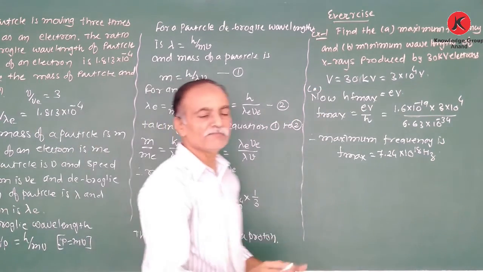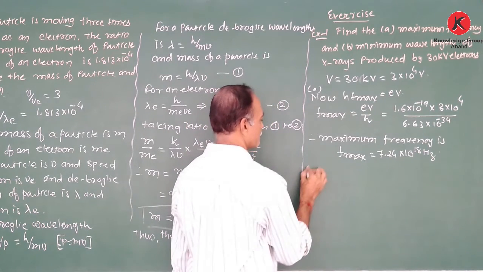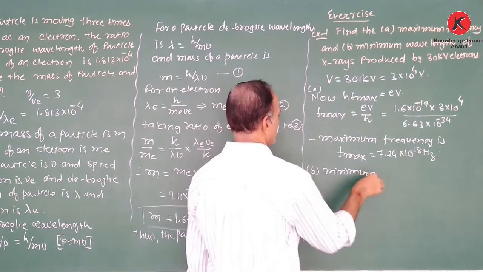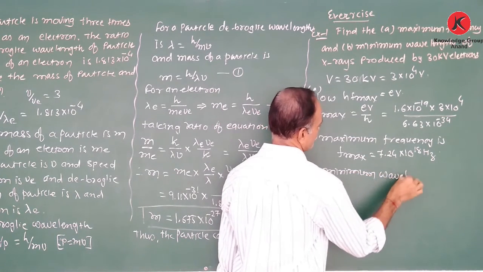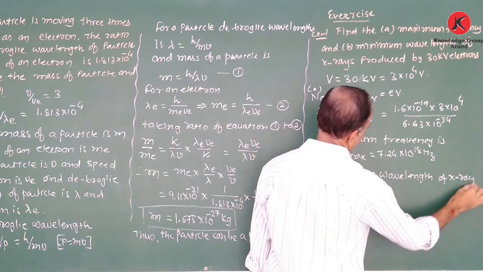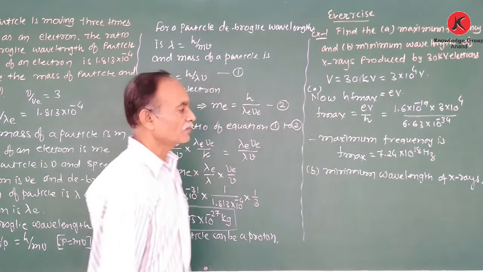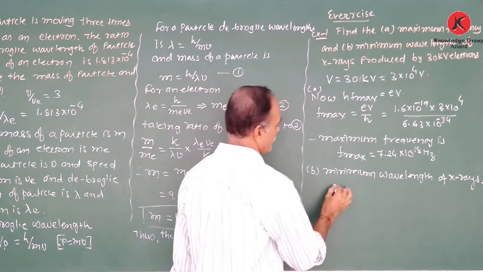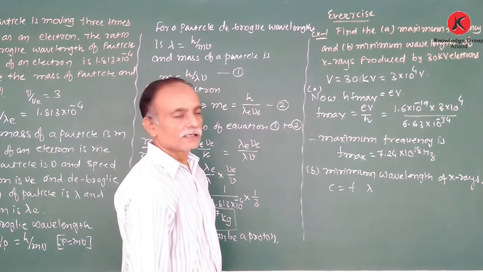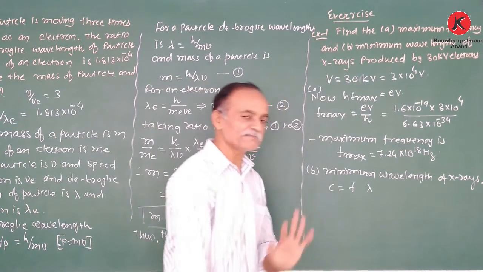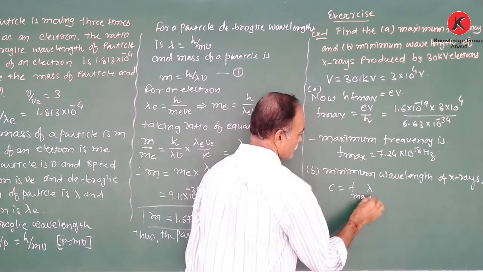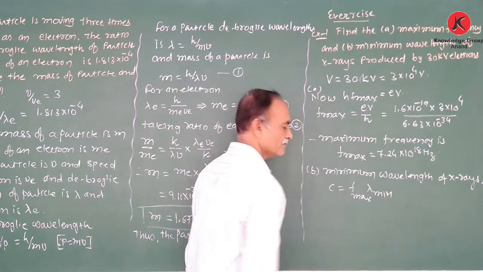Now we have to find the minimum wavelength of X-rays. We know the relation c is equal to f lambda. That means if f is maximum, lambda is minimum. So for f maximum, lambda minimum.